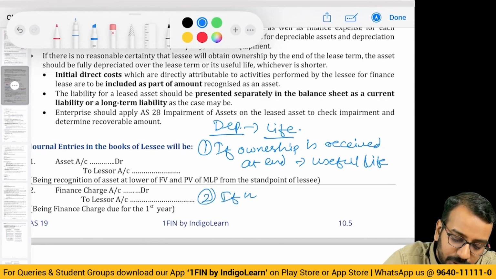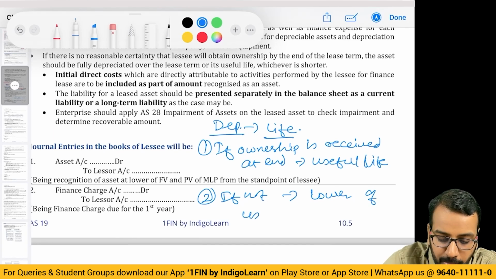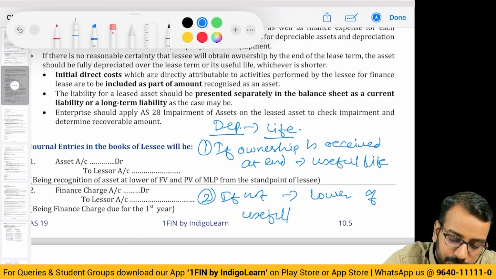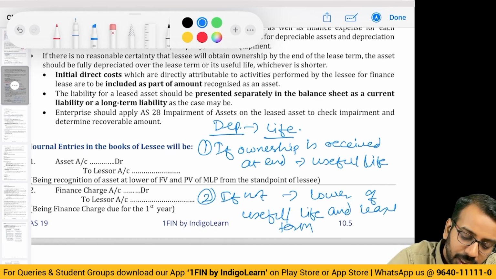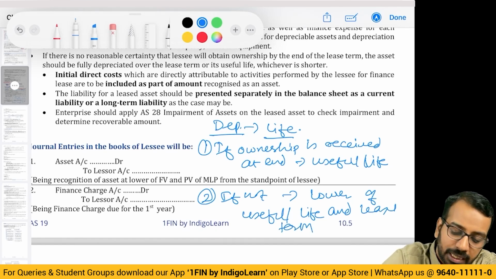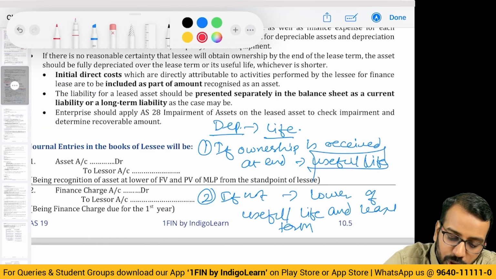If not received, then you will take lower of useful life and lease term. For example, if ownership is received, then no need to think, directly you will take the useful life. If ownership is not received, then you will take lower of useful life and lease term.